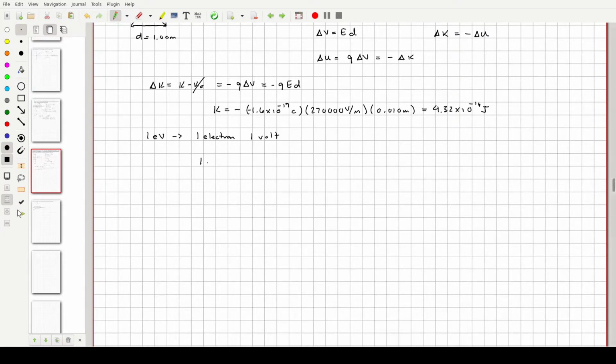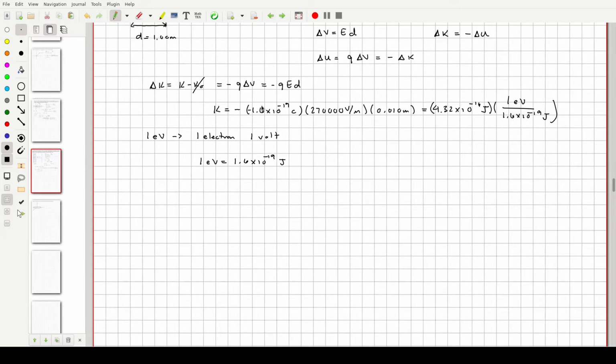So 1 EV is 1.6 times 10 to the minus 19th joules. So I'm going to convert this to EV. And you can see how if I were to know that straight off the bat, the math becomes easy, right?